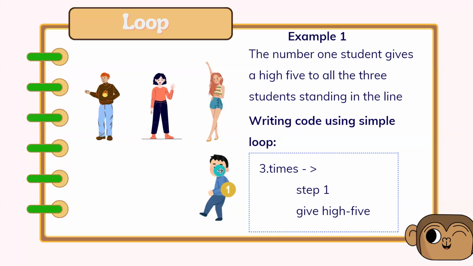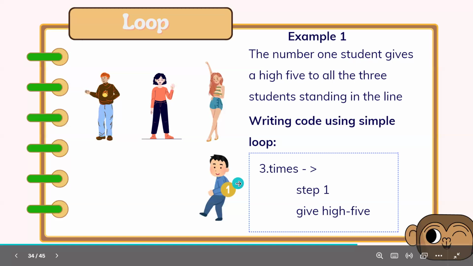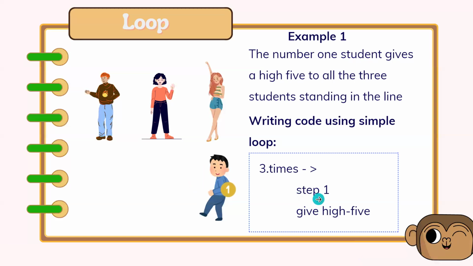The number one student should give a high five to all the three students. In order to write a code, here it's using a simple times loop. The number one student should move one step, then give a high five.